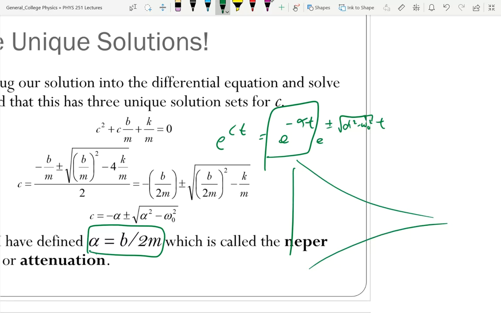This one here, I tried to change color. This one here, it depends on what that square root is. If the thing under the square root is a positive value, then that's again going to be either something that blows up or something that goes to 0. But what if the thing under the square root is a negative value?